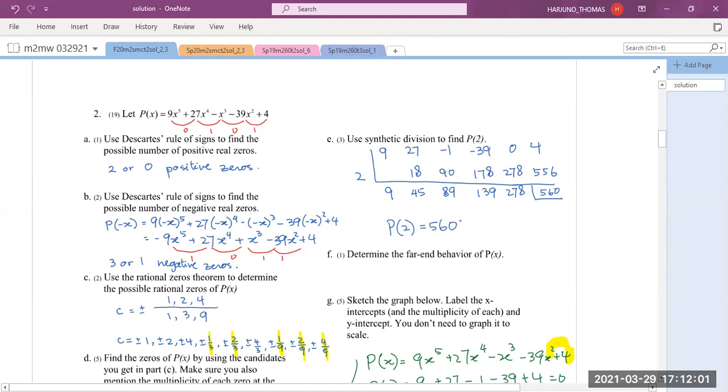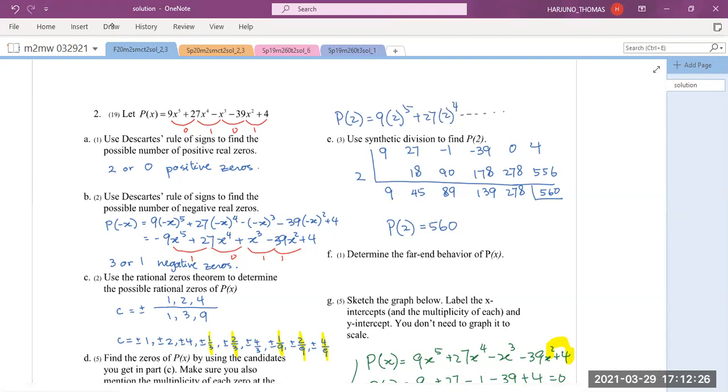Even though I use synthetic division, the underlying concept I use here is actually the remainder theorem. To find P(2), one way is to use synthetic division. Another is you plug 2 in. You'll get 9 times 2 to the 5th plus 27 times 2 to the 4th, and so on and so forth.